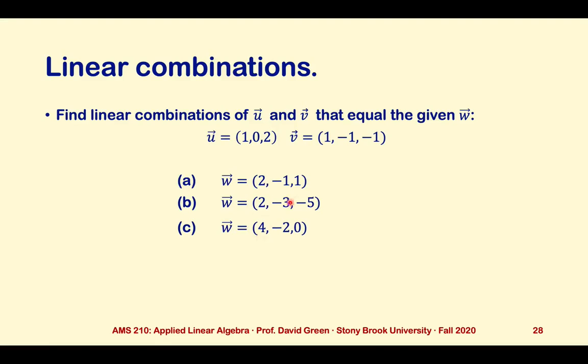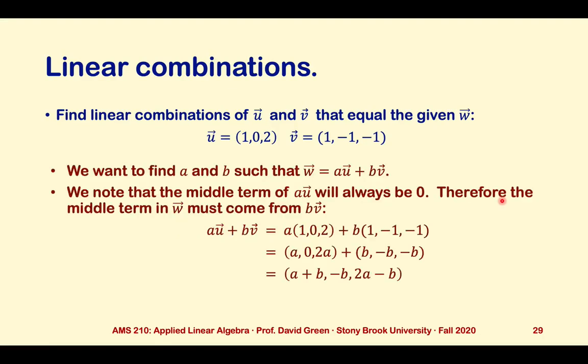And we're given 3 different possible values of w. Again, please pause the video. Do your best to find these linear combinations on your own. And then when you're ready, return and watch as we work through each of them.